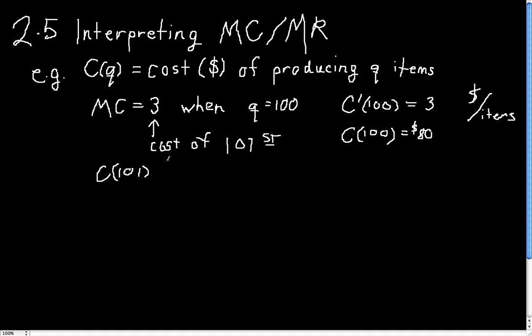This won't be exact, but this is approximately the cost of producing 100, which is $80, plus the cost of the 101st, which is $3 in this case. So this is $83.